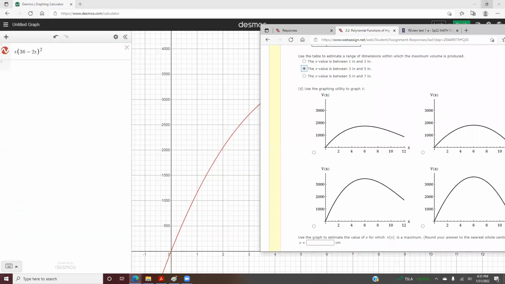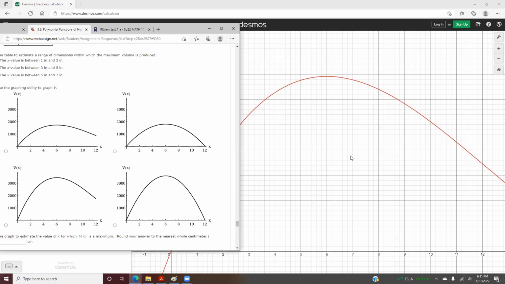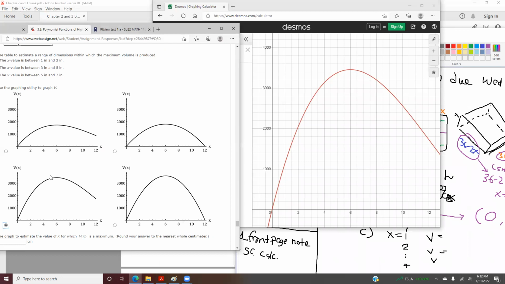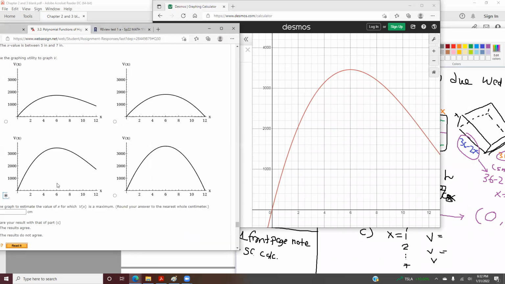That one looks like which one? You can tell that it doesn't touch the ground at 12, so it's more either these two. And if you look at the highest peak, it goes around 3,000 ish. So I think your answer is this one, because this one only peaks up to around 2,000 ish. So I think your answer is that one.